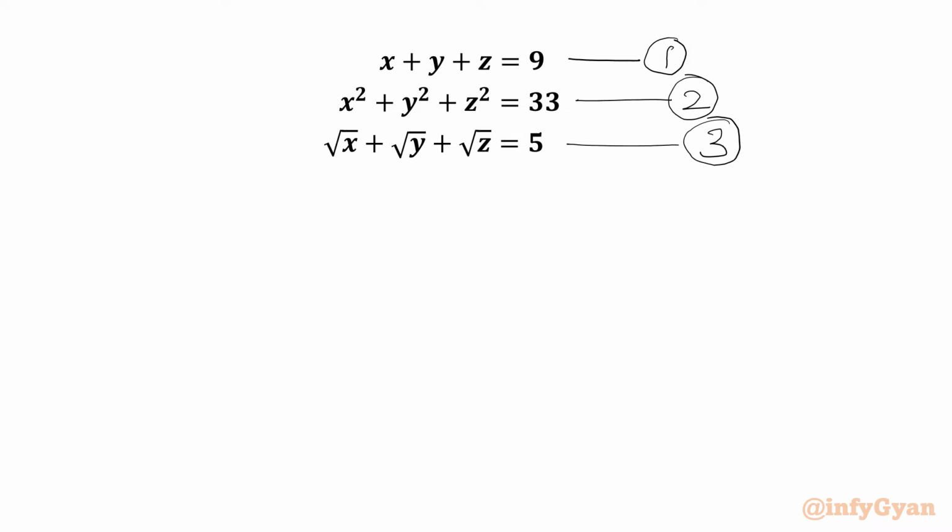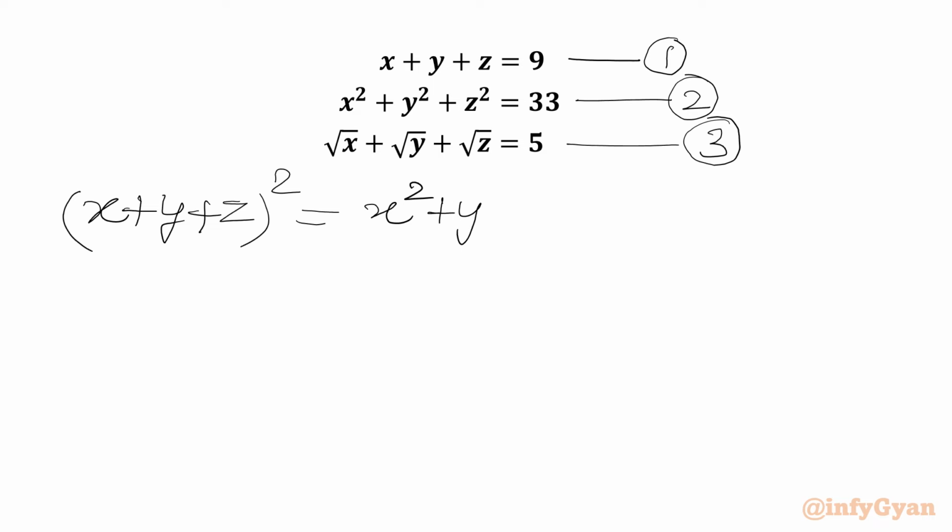Now we are going to consider one algebraic identity: (x + y + z)² = x² + y² + z² + 2(xy + yz + zx).